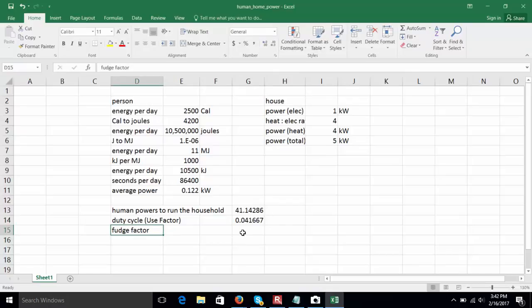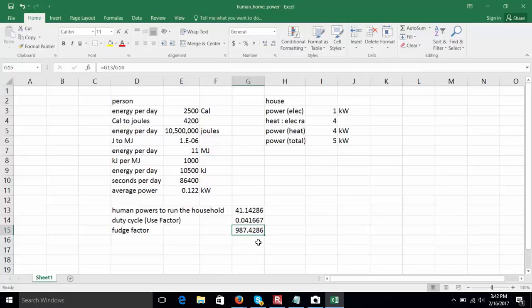So the fudge factor equals this number divided by this number. If that number were 1, it would be the same as pedaling 24/7. So the fudge factor on this is almost 1,000.